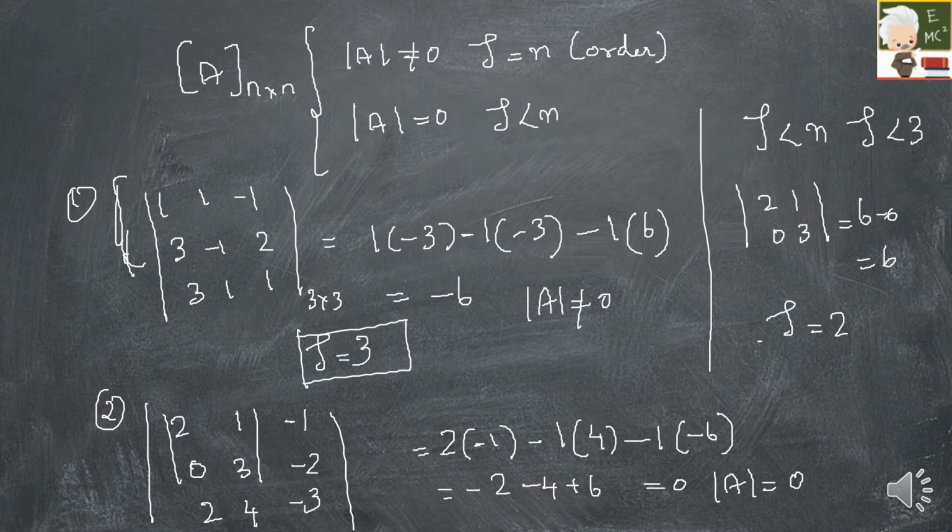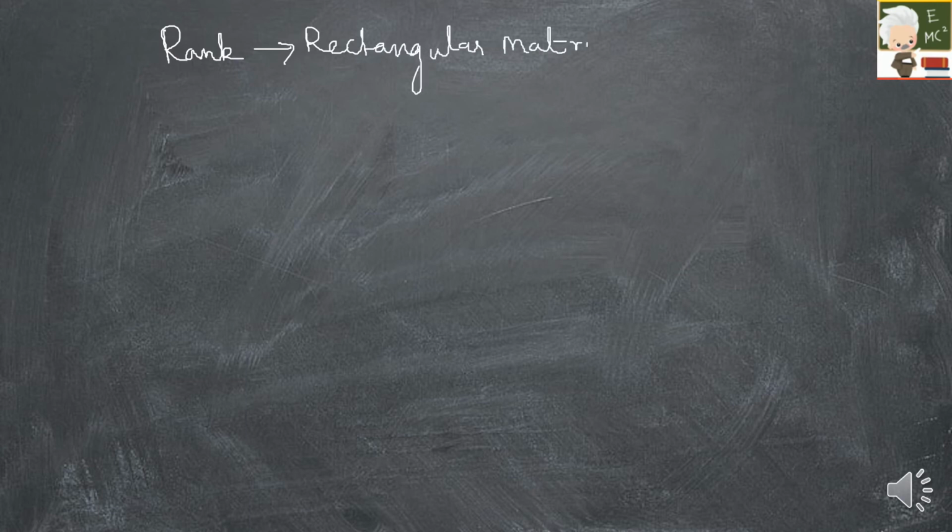Next, let us do it for a rectangular matrix. Let us see how to find rank for a rectangular matrix. Let a rectangular matrix A be of order m cross n.